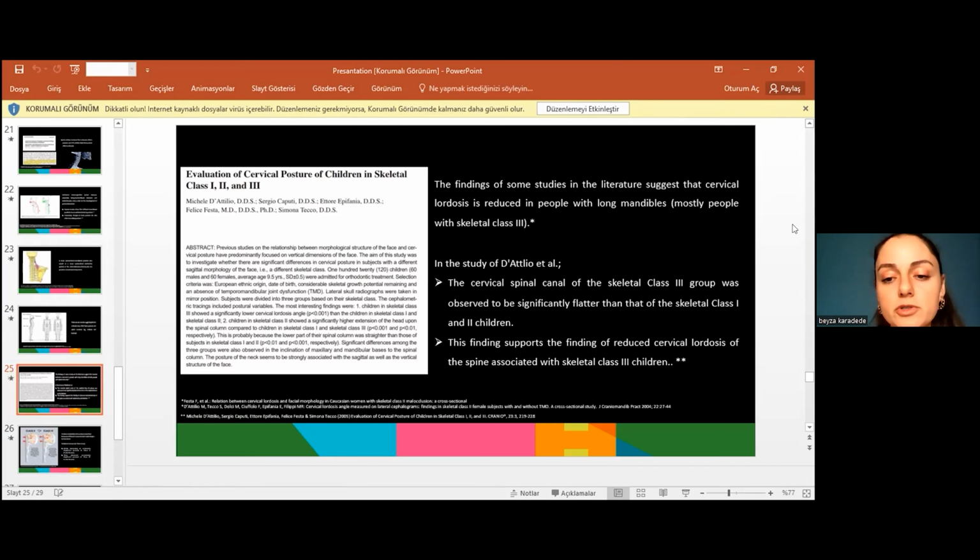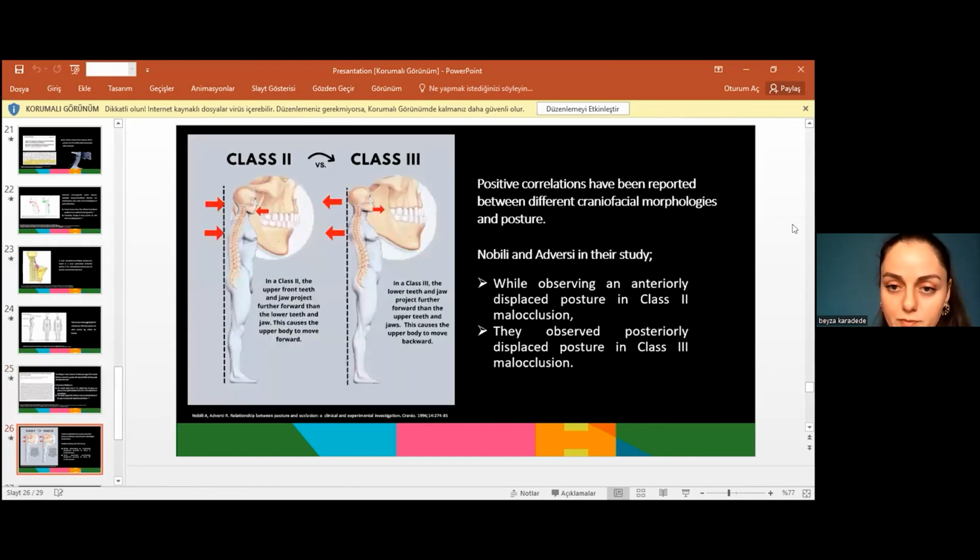This finding supports the finding of reduced cervical lordosis associated with skeletal class 3 children. Positive correlations have been reported between different craniofacial morphologies and posture. Nobili and Adversi, in their study, observed an anteriorly displaced posture in class 2 malocclusion, while they observed a posteriorly displaced posture in class 3 malocclusion.